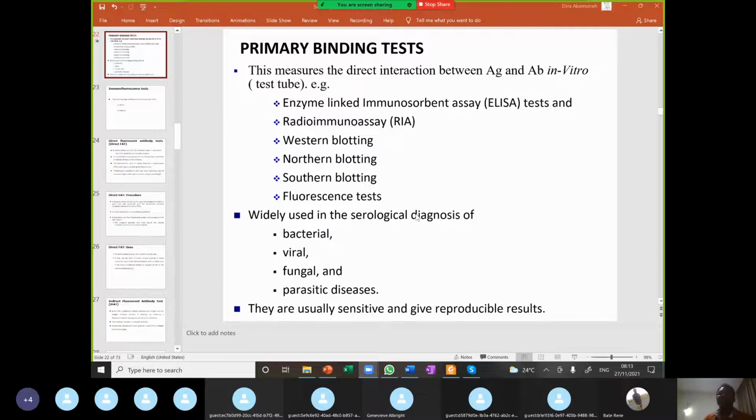The other ones, I may have just a slide or two, because in reality, radioimmunoassay is really limited in application because of radioactivity, as you already know. Western blotting, Southern blotting, and Northern blotting are restricted to sophisticated laboratories. So most likely you'll be working with ELISA or fluorescent test. That's why I'll focus a little bit more on these two. Okay, I think with that in mind, we can kickstart the show.